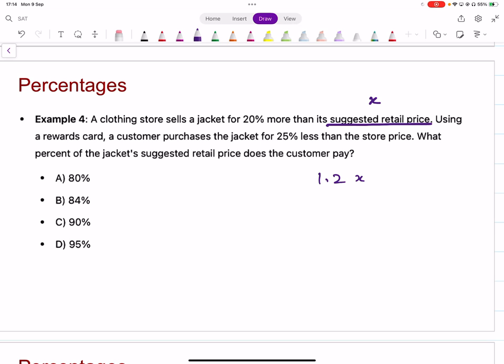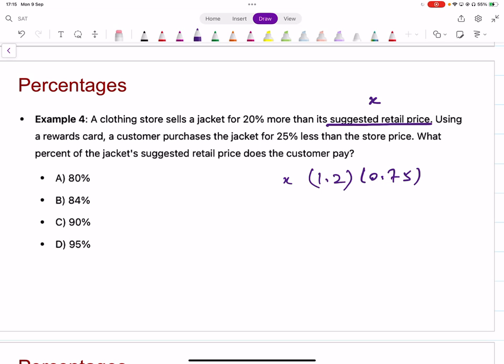Now a customer is using some rewards card and he's purchasing the jacket for 25% less than the price that they're offering. Reduce this by 25%. How do you do that? This was the starting point. 1.2 is increasing it by 20%. Now you want to reduce it by 25%.